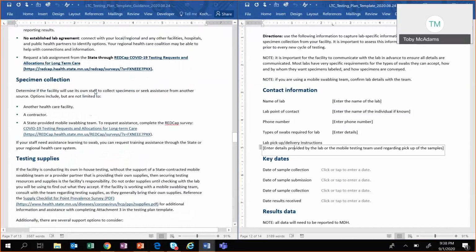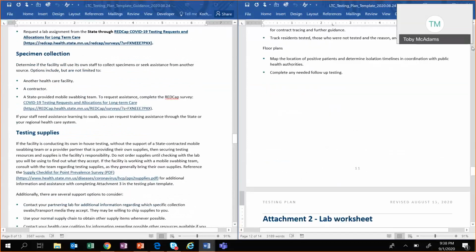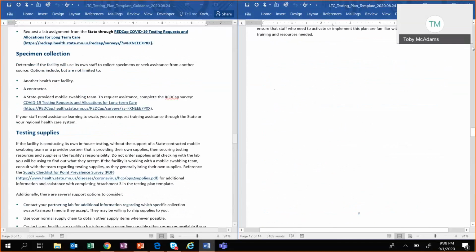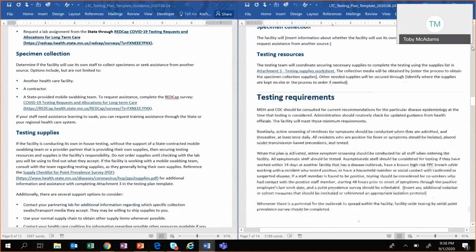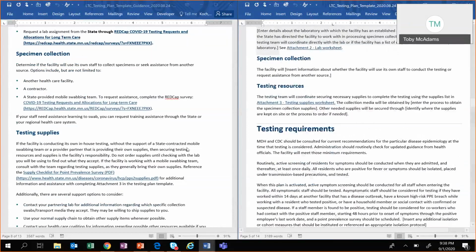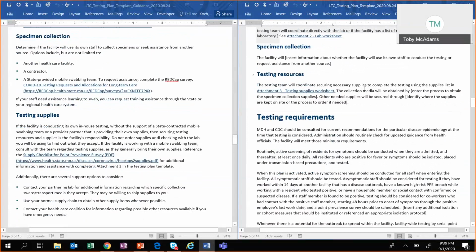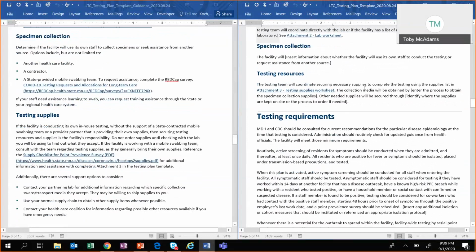Okay, so again, that's that redundancy that we've put in place to ensure that you have all the necessary means possible to fully implement testing and be successful at it. We want nothing more than for you to be successful now and in the future and ongoingly.